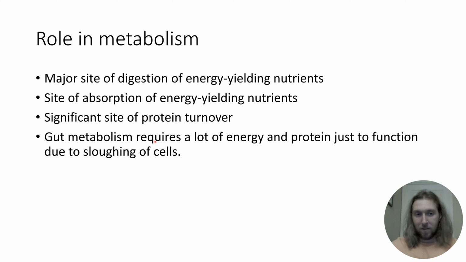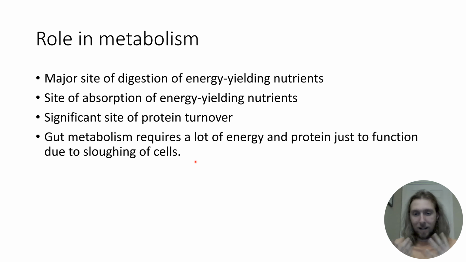The gut metabolism requires a lot of energy and protein just to function due to sloughing of cells. The best way I can describe sloughing is if you imagine a snake shedding its skin. So this is kind of what the cells in the intestines and the gut do. Because there's a lot of catabolic processes going on, it's taxing on the intestines.